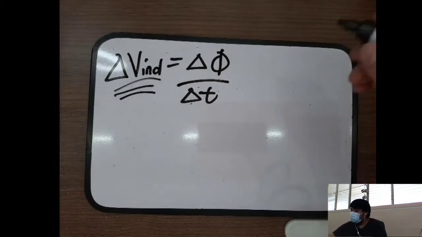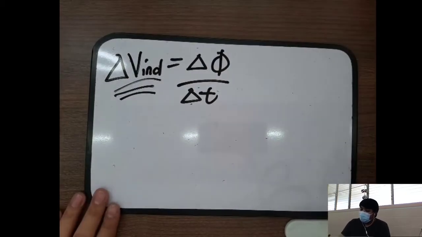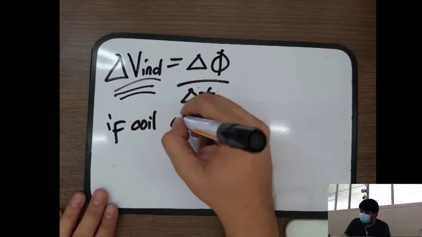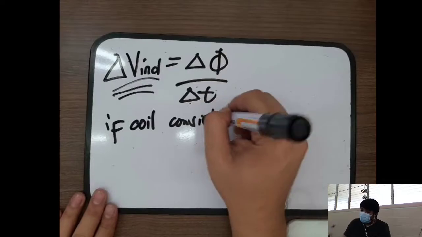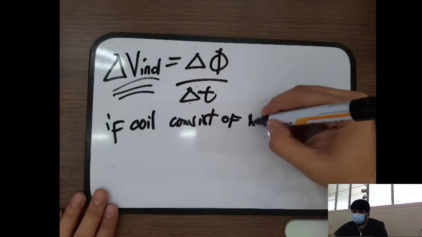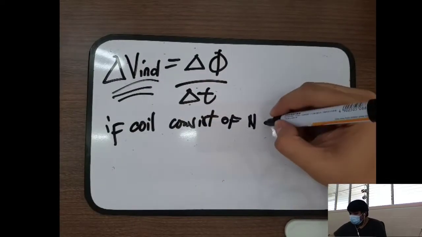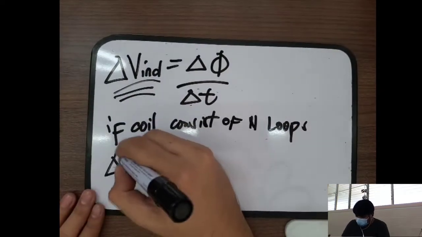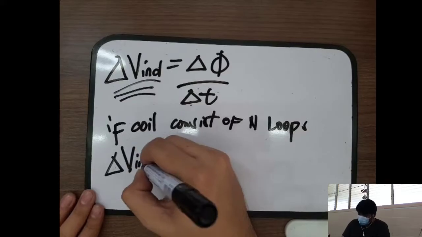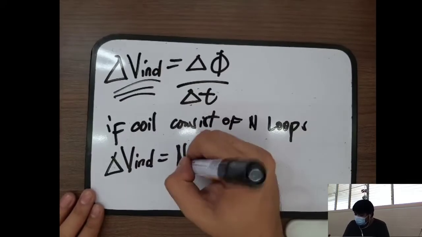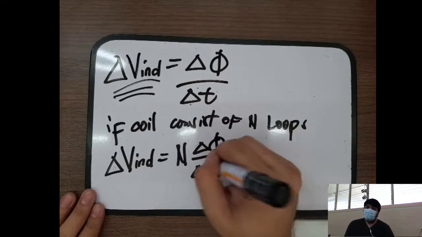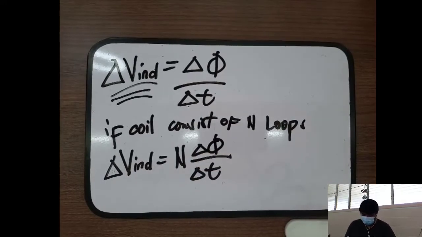Now if the wire, or if the coil, consists of N loops, therefore this Faraday's law of electromagnetic induction is modified such that we incorporate the number of loops in our equation. It will look something like that.